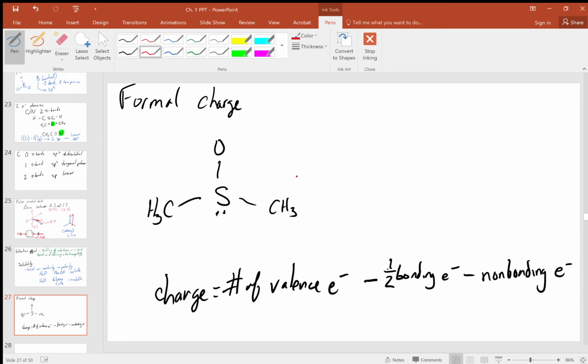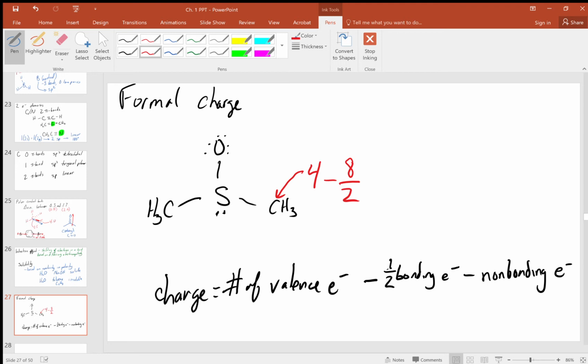So let's start by looking at this carbon. Carbon, we know, has 4 valence electrons. How many bonding electrons does this carbon have? Well, this carbon has 4 bonds. Each bond is made up of 2 electrons. So this carbon has 8 bonding electrons. So we take that divided by 2.